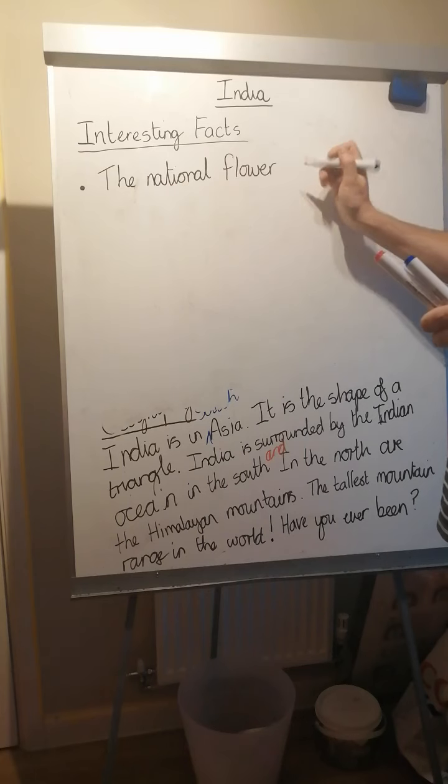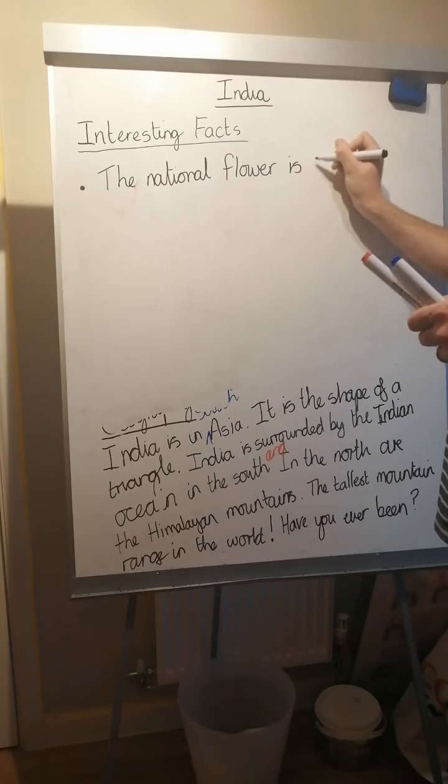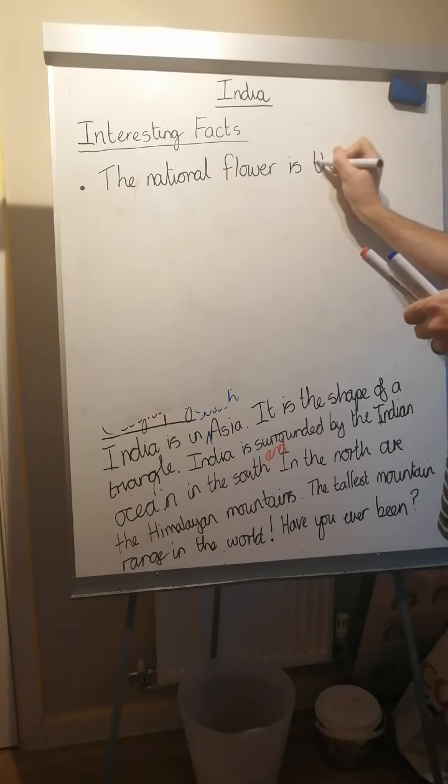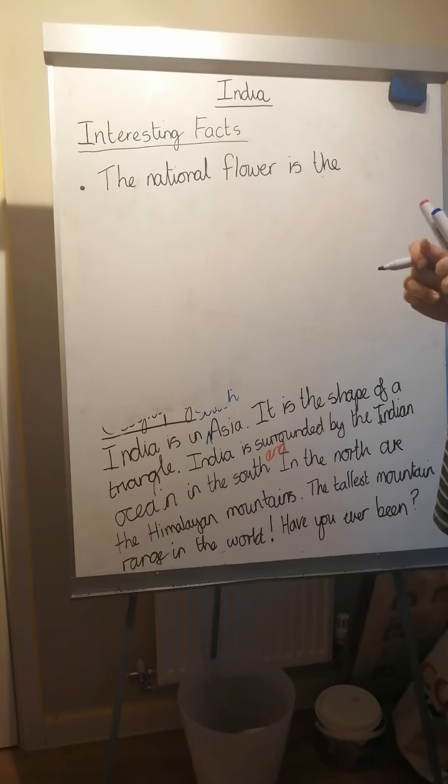The national flower is the, I've forgotten what it is. That's really bad. It's completely gone out of my head. I haven't got it written down on my notes either. That's really embarrassing.